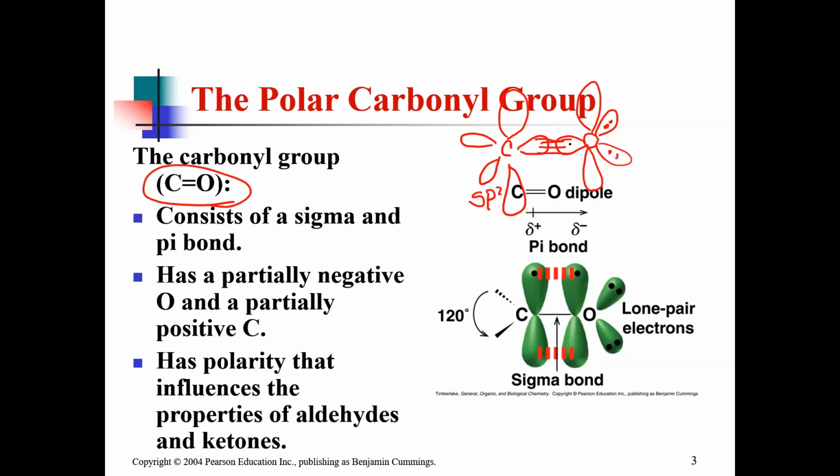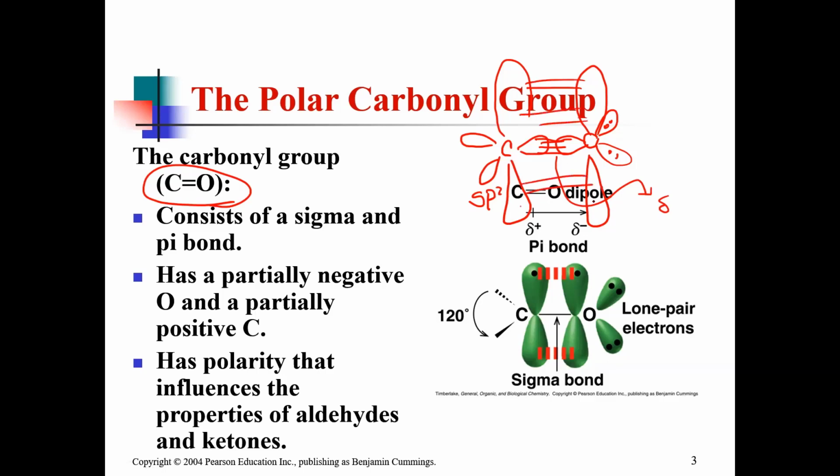The result of this head-on overlap is a very stable bonding, which we call sigma bond. And then the two p orbitals, let me show you a little bit higher here so you can see better. The two p orbitals have half lobes on the top of the plane of the molecule, and two half lobes on the bottom of the plane of the molecule. These are the two p orbitals. They don't have a choice, but they can do side-by-side overlap.